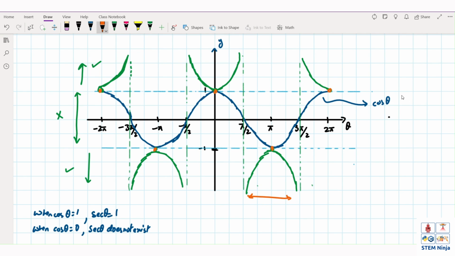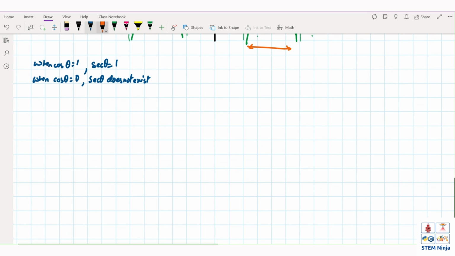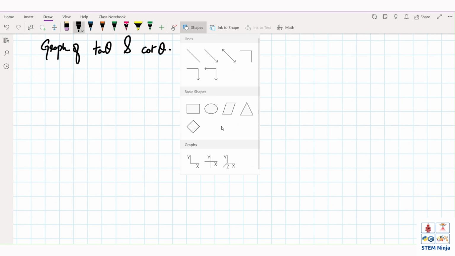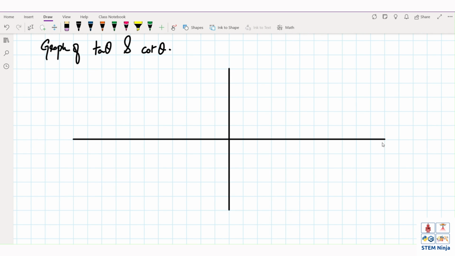Globally, it has no limit for this. All right, so this was the cosecant theta and secant theta. Now let's look at the tan theta and cotangent theta. So we're going to do the same thing. I'll just quickly draw the tan theta and the cotangent theta.